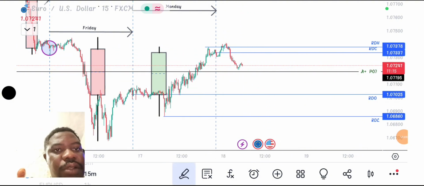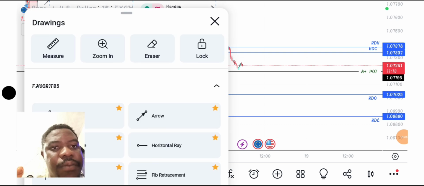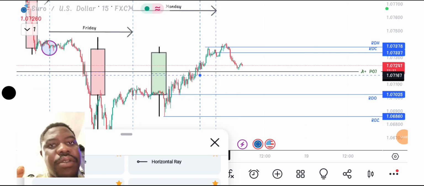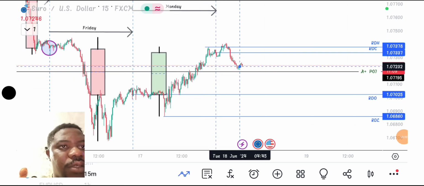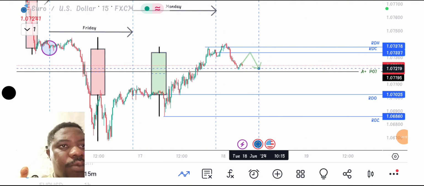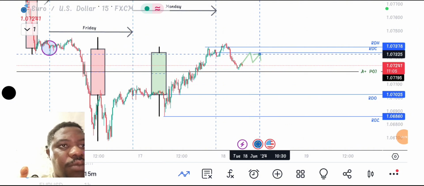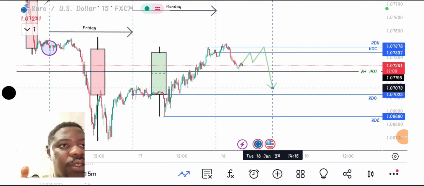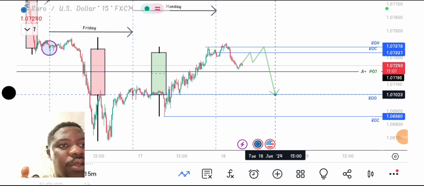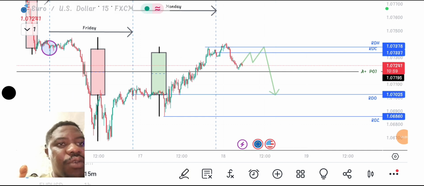Let me show what I mean. If I can see price do something like this, come like this, and then maybe have something like this, I could sell. And then remember, I always want to buy from this low, the recent daily open, and below the recent daily low. So this is it, guys.